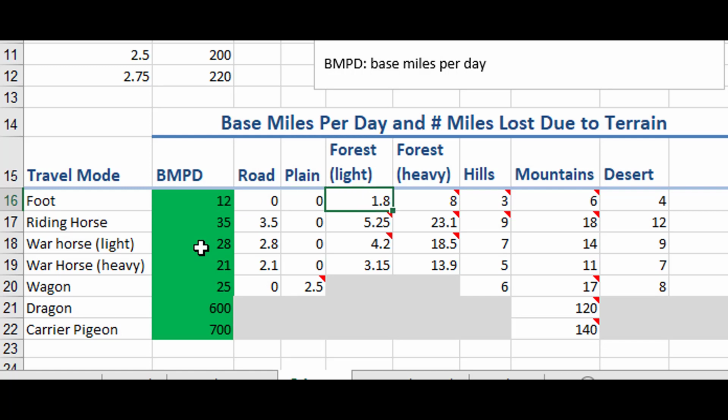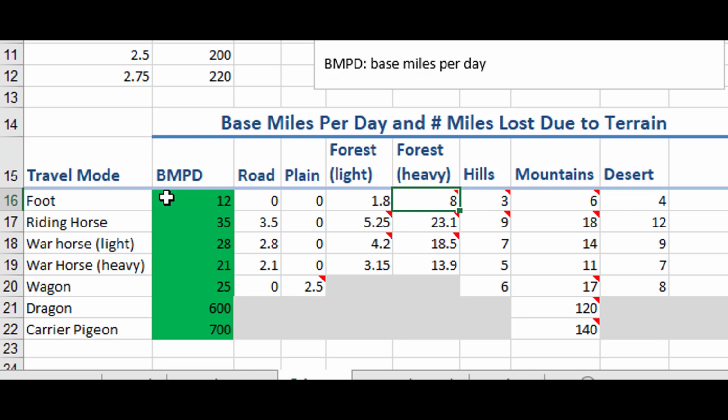For light forest, I have you losing about 15% of your speed. So the formula is B16, which is the column here in green, times 0.15. And then the next one over for heavy forest, again, it's B16, your base miles per day, multiplied by 0.66.